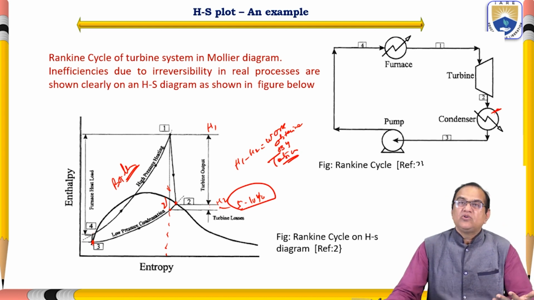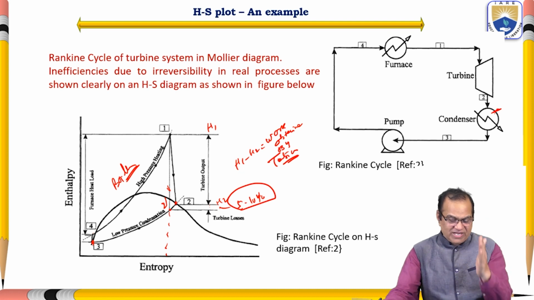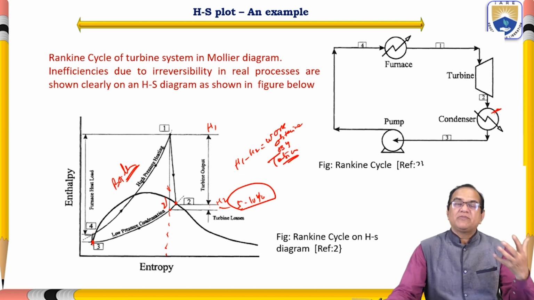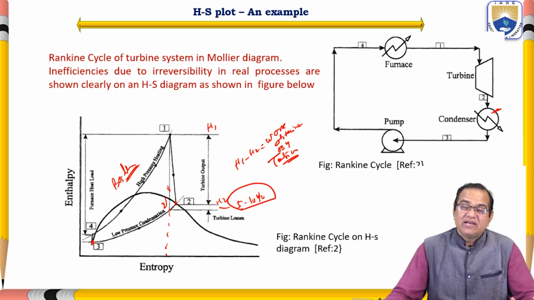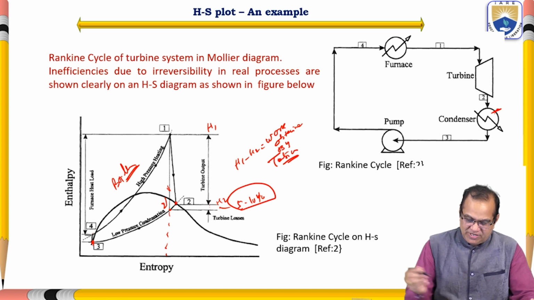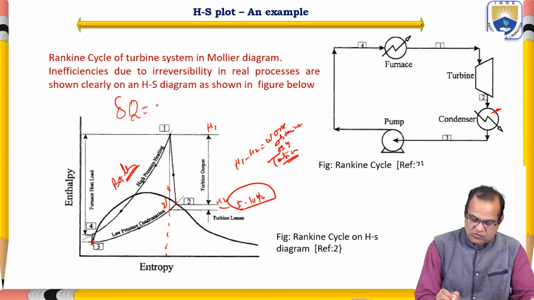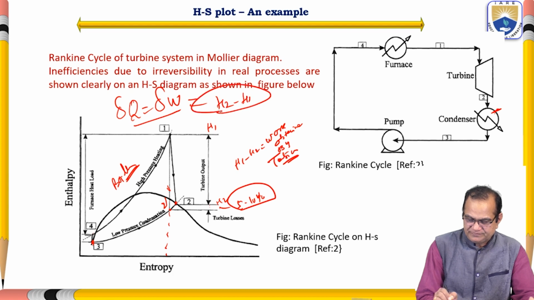So like this, you can draw, and in this, all vertical lines will represent work directly. Or it can also be shown by the first law of thermodynamics, that del Q is equal to del W, and this is H2 minus H1.